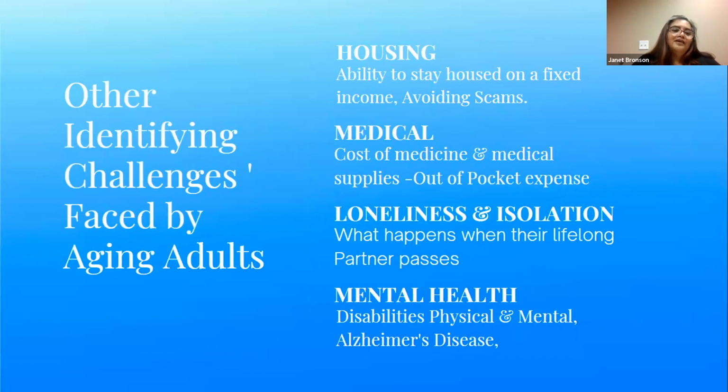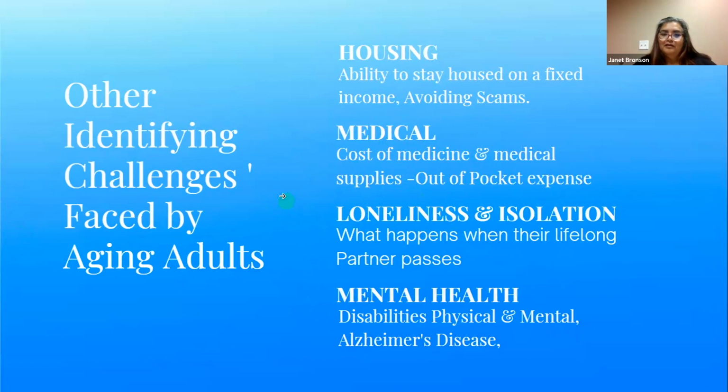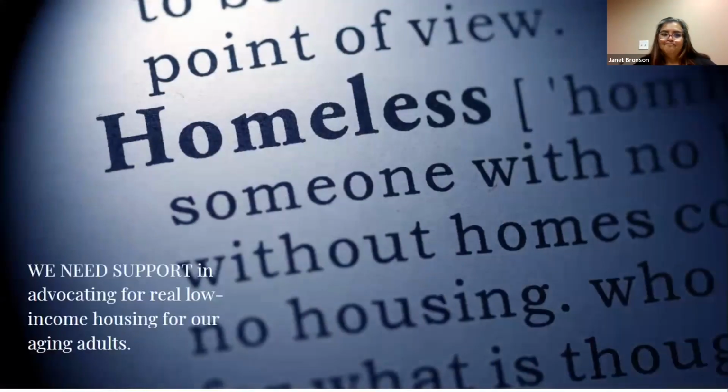So other identifying challenges faced by our aging adults are housing, medical, loneliness and isolation, and mental health. Homelessness. We really need to get support in advocating for real low-income housing for our aging adults. A lot of the BMRs that are here locally are more than what our seniors are able to afford.